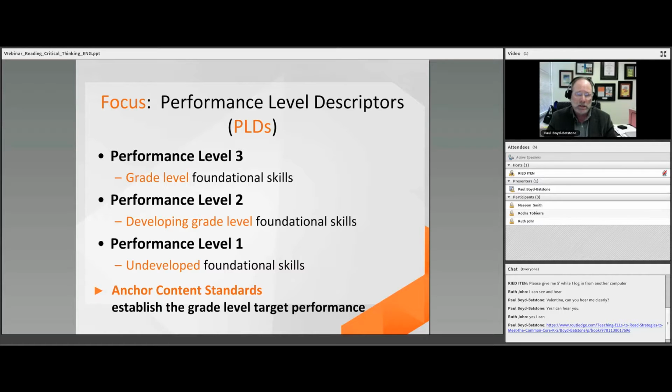These are based on starting with the anchor content standards for foundational reading, and I'll be referring basically to the standards that come from the Common Core in the United States. I'm sure in your own countries you have competencies or standards that you refer to, but it's those anchor levels that we'll work back from.